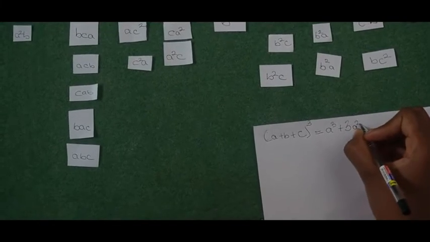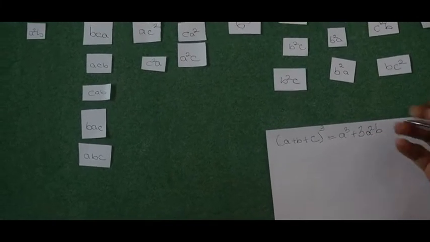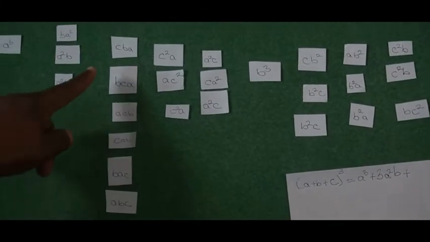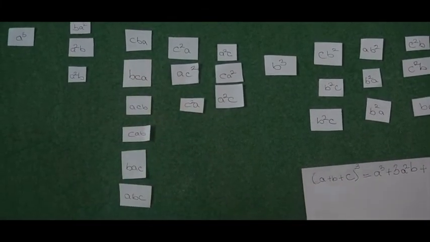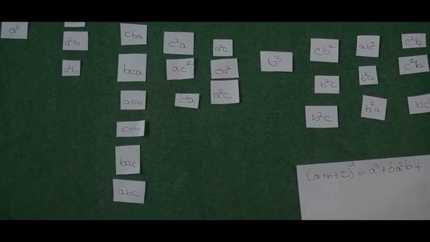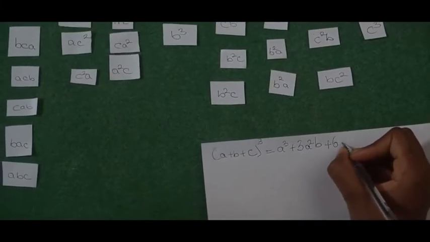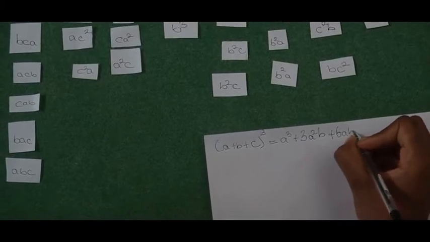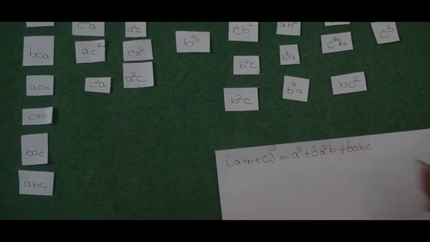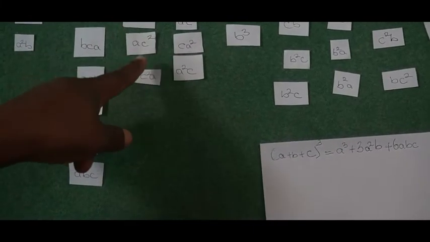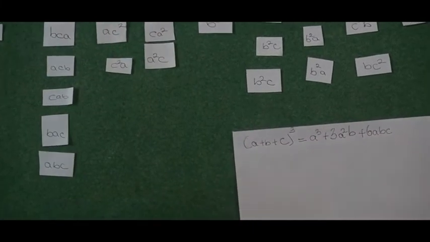Plus ABC. How many of them do we have? 6. You can write that. 6ABC. Plus AC squared. How many of them do we have? 3.